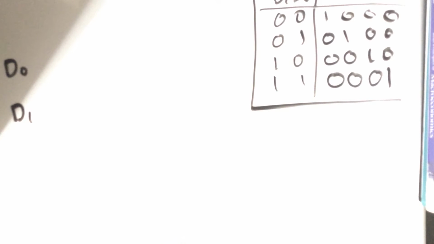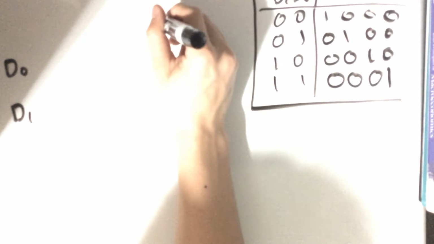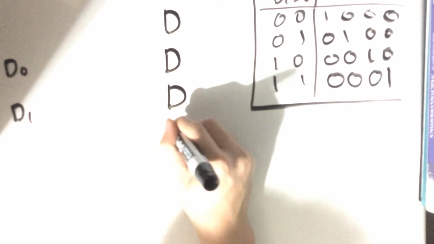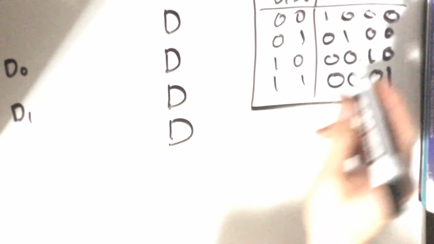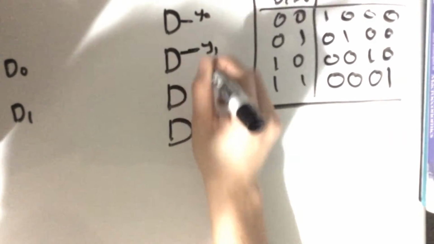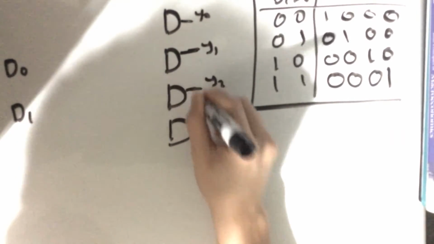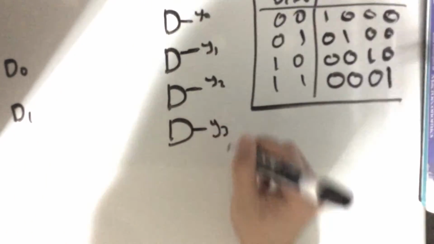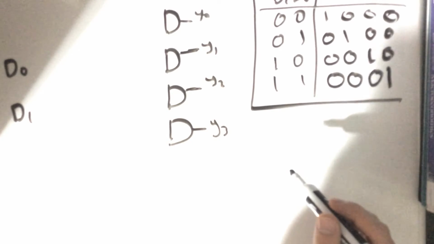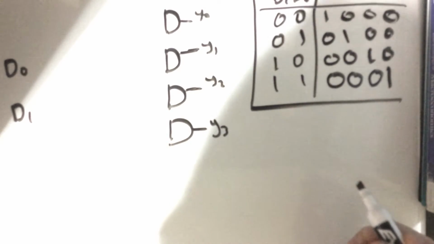We're going to have 4 AND gates, one for each output: Y0, Y1, Y2, Y3. Sorry about all the coughing, I just have a really scratchy throat.